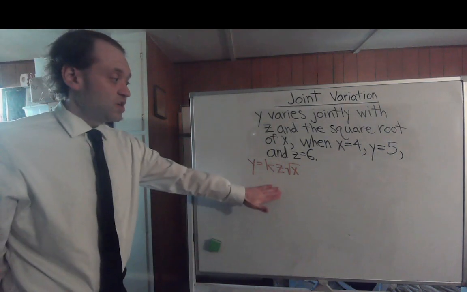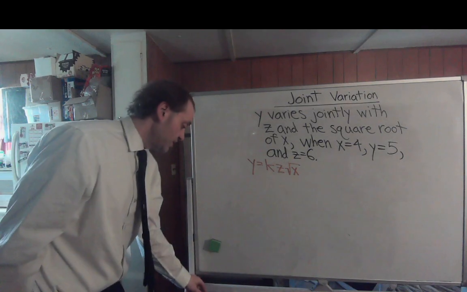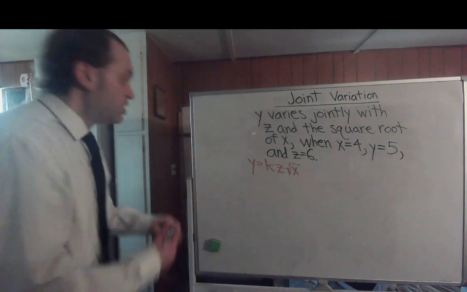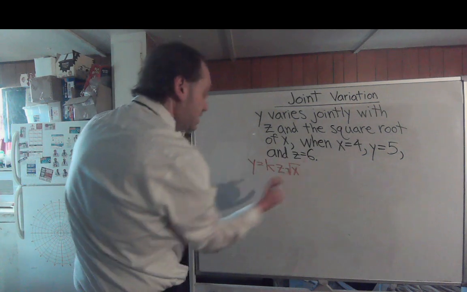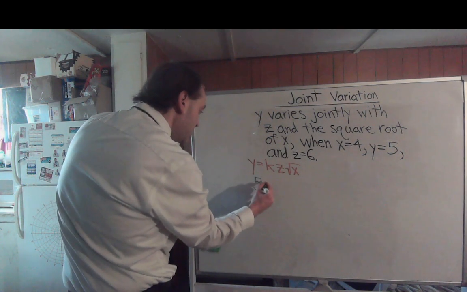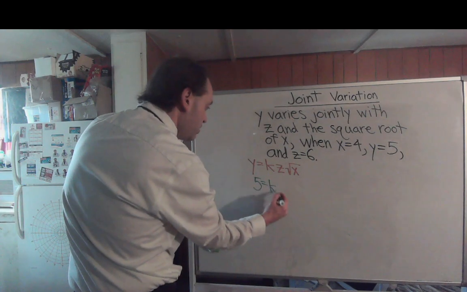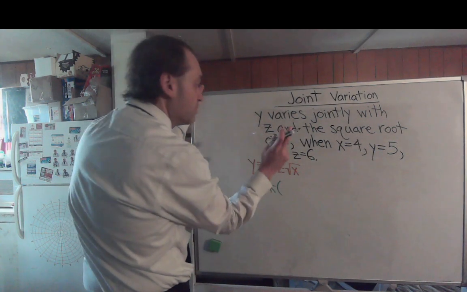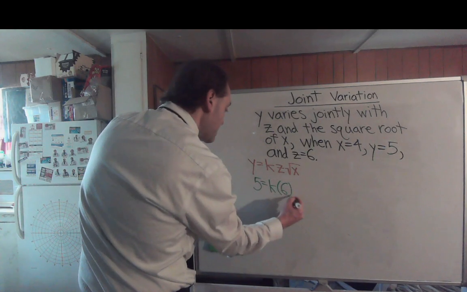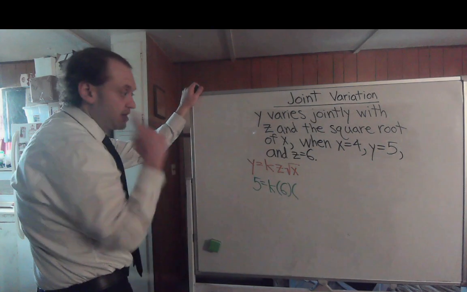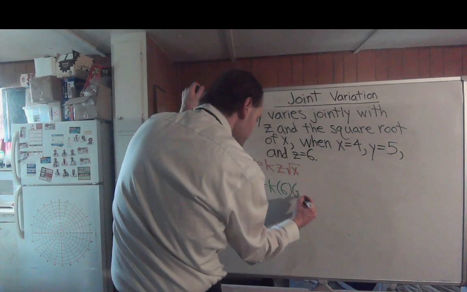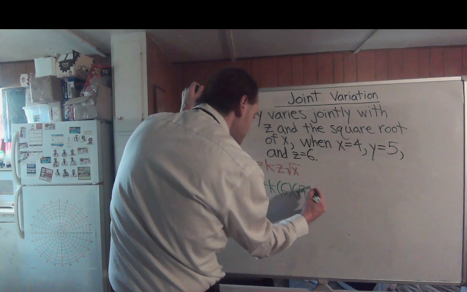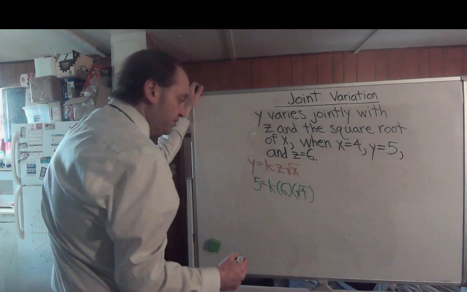Now we want to solve for our constant of variation, k. So put in the y value of 5. That's going to equal k, which we don't know yet, times your z value of 6, times the square root of x, which is the square root of 4. So let's simplify this here.